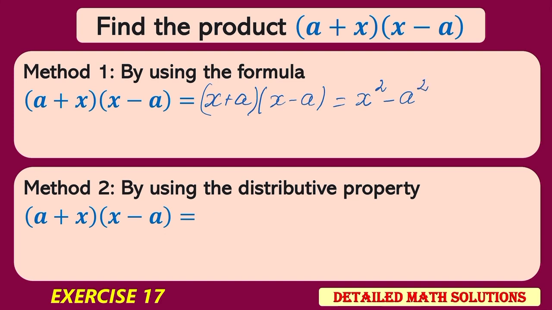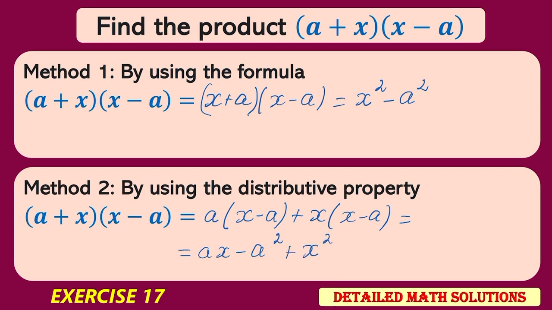When I use the distributive property, I get a multiplied by (x minus a) plus x multiplied by (x minus a). This equals ax minus a squared plus x squared minus ax. Again, ax and minus ax cancel out, and this equals x squared minus a squared.